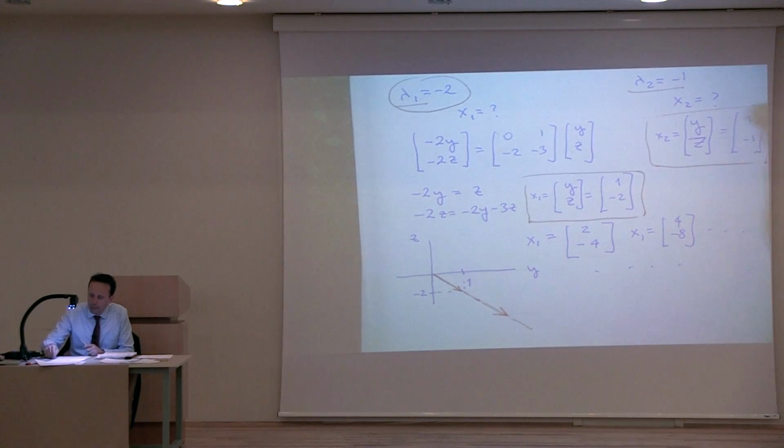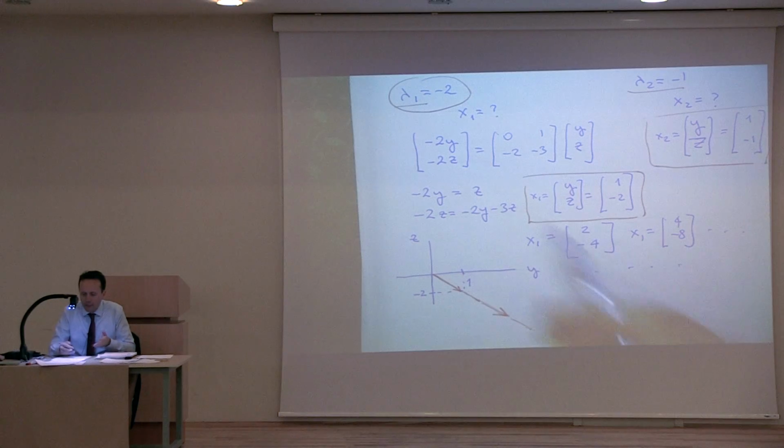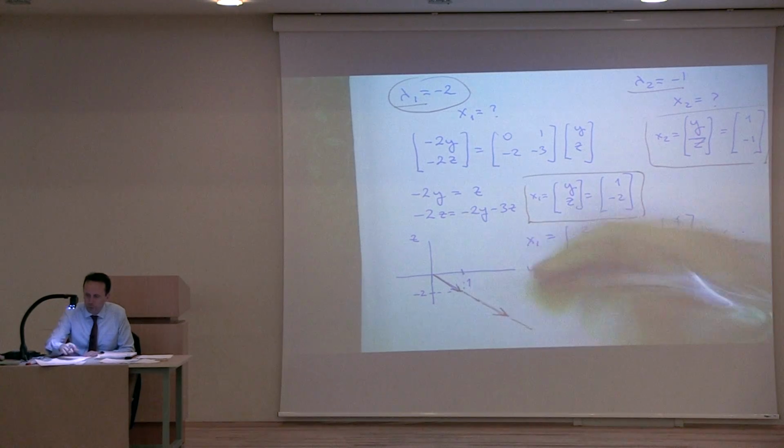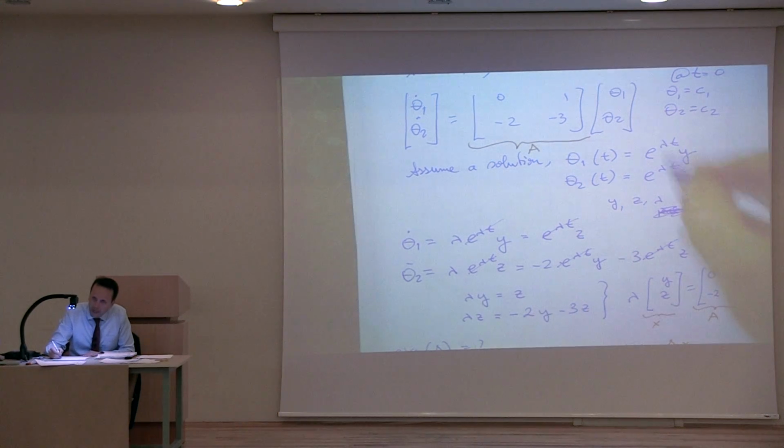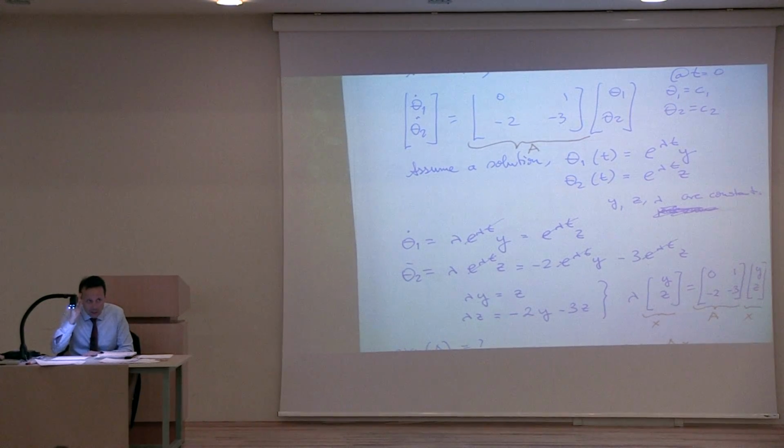Same thing with this one, 1 and minus 1. It goes in any direction. So, which one am I choosing then? Am I going to choose this one for the solution? Because I still need a solution for this one. And the solution, these lambdas, are the eigenvalues, and y and z is the eigenvector. But the y and z is not unique. It can be anything as long as it's in that direction. Okay?